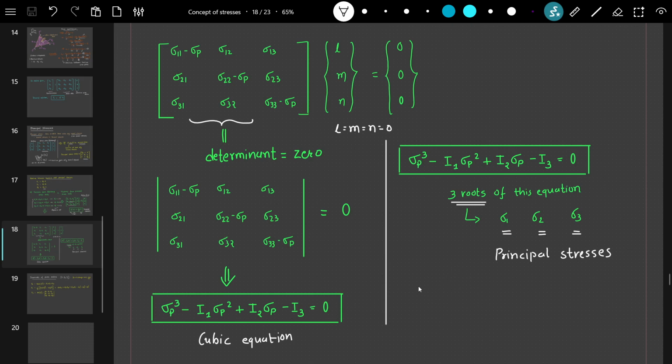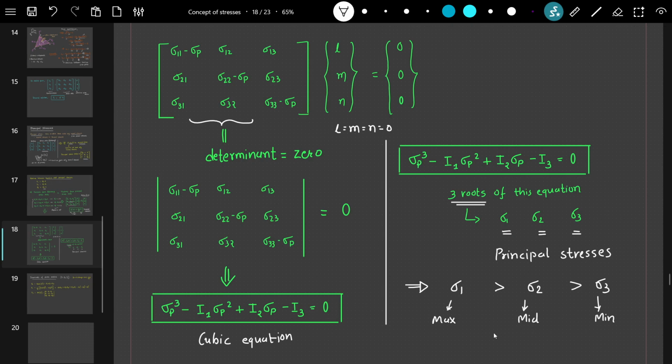Principal stresses are always written in order of largest magnitude. So sigma 1 is always greater than sigma 2, and this is always greater than sigma 3. Sigma 1 is the max principal stress, sigma 3 is the minimum principal stress, and sigma 2 is the mid principal stress.